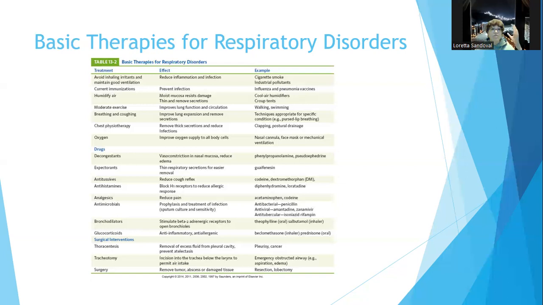The drugs that are generally basic therapies for respiratory disorders: decongestants to vasoconstrict the nasal mucosa and reduce edema, expectorants to thin respiratory secretions for easier removal, antitussives to reduce the cough reflex, antihistamines to reduce allergic response, analgesics to reduce pain, antimicrobials to kill whatever is infecting your respiratory system, bronchodilators to stimulate the beta-2 adrenergic receptors to open bronchioles.